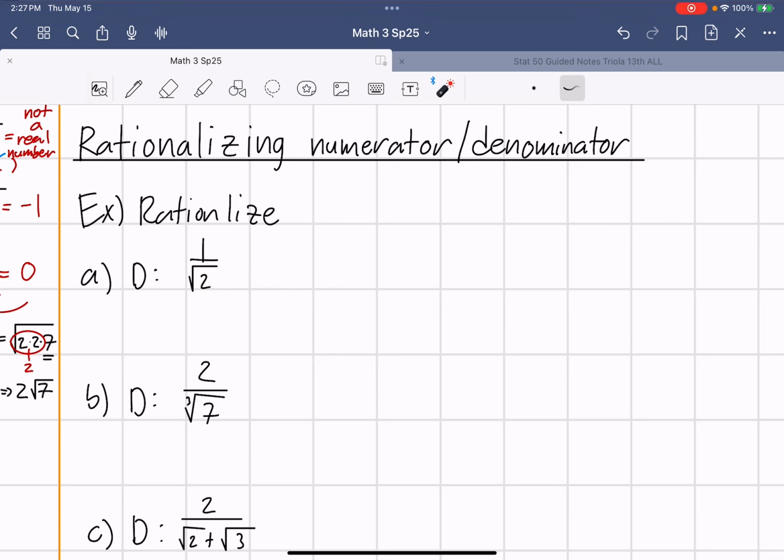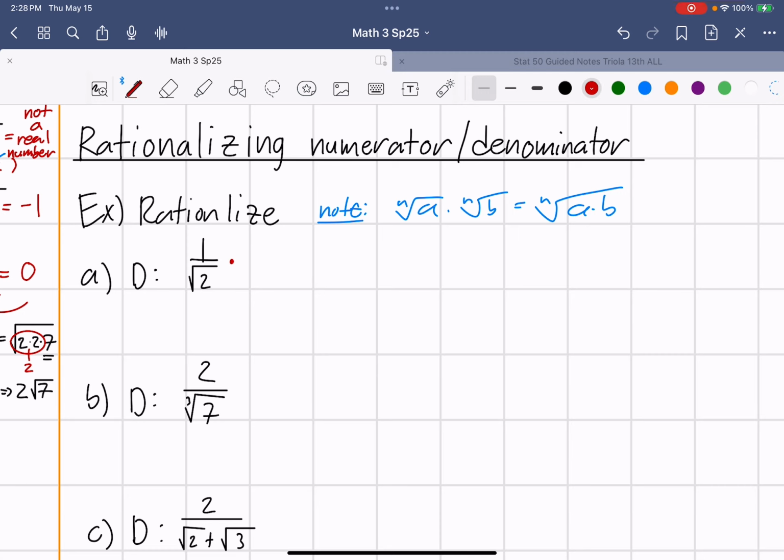Well, this is where I bring back the rule that says if I multiply two radicands with the same index, I can combine them into one. And remember the example we did in the previous video, that I can alter a fraction visibly, but not its value, by multiplying by 1. So I'm just going to multiply by a square root to both numerator and denominator.